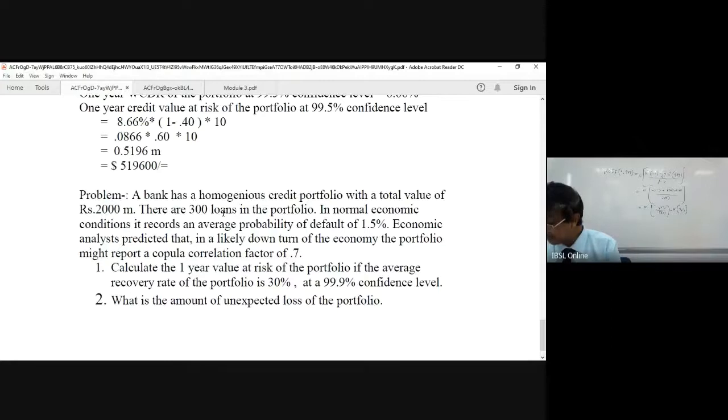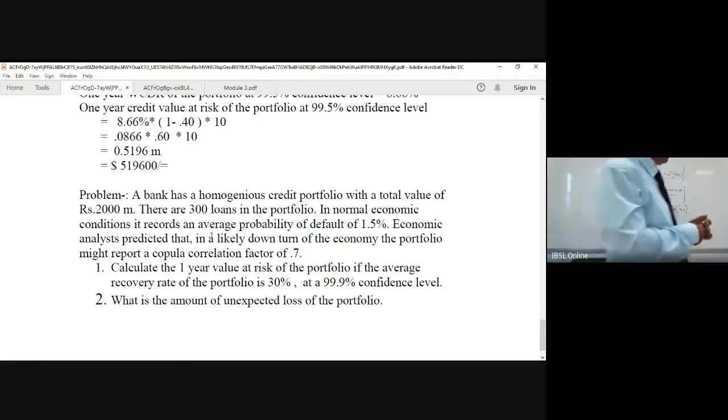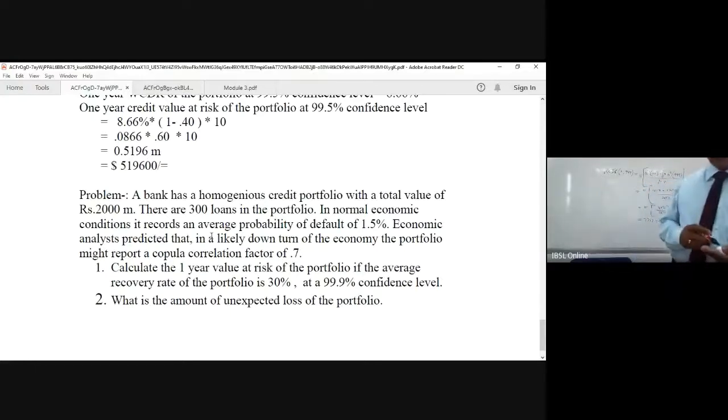So you have 0.7713, 0.7713 is the answer for this. It is equal to 77.13%. Now this is the probability of default, the worst case probability of default.